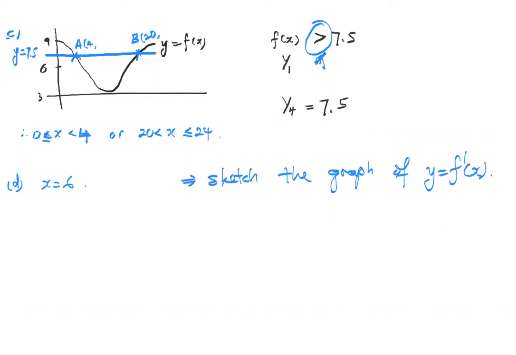We know that the x coordinate of the turning point of f prime x is the x coordinate of the inflection point of f(x). Betul tak? Balik kepada itu lagi. So you can try to sketch the graph.